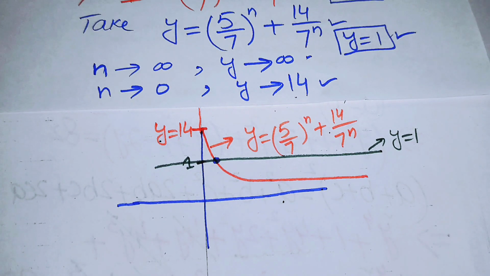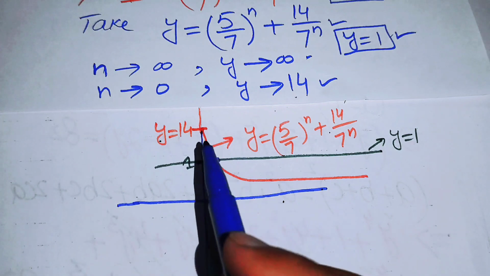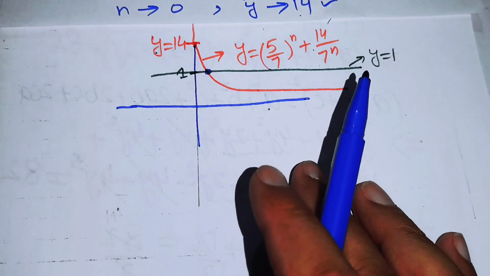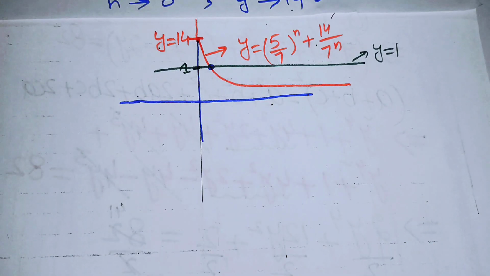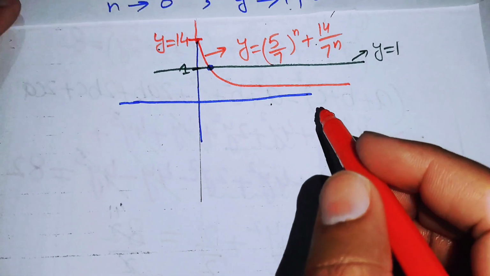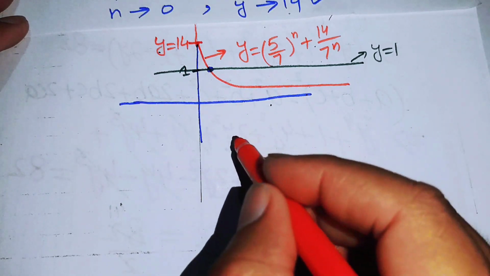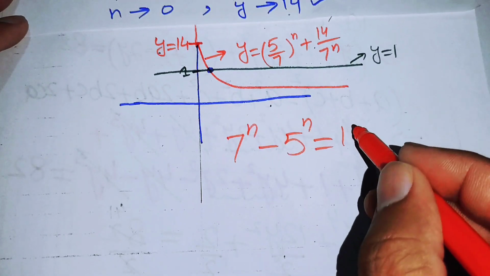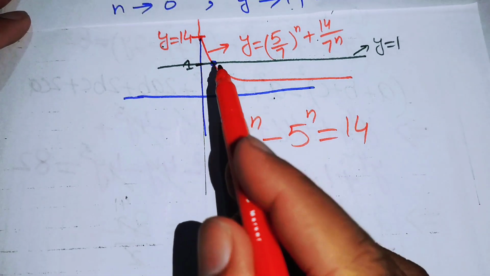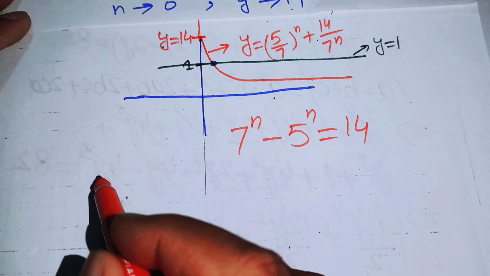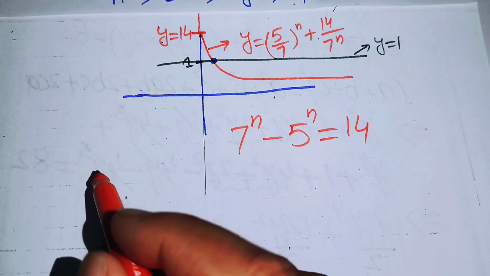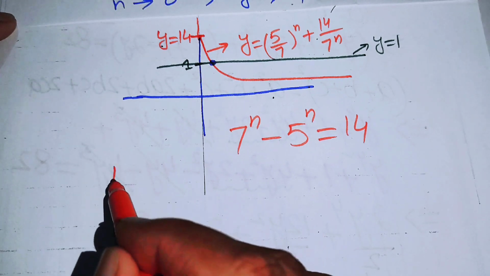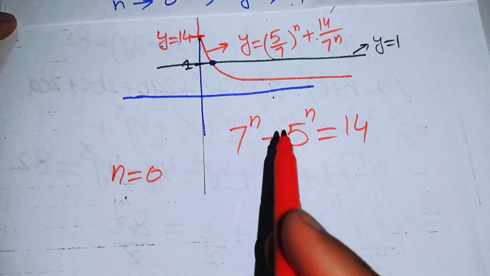So now, in order to find this point, we will find it by inspection of our given problem. The given question statement is 7 to the power of n minus 5 to the power of n is equal to 14. First I can take n is equal to 0 and check this value.